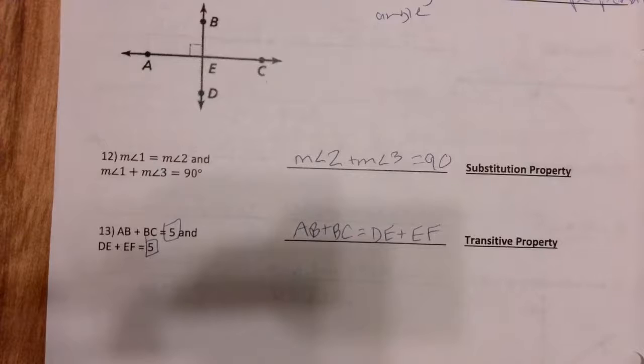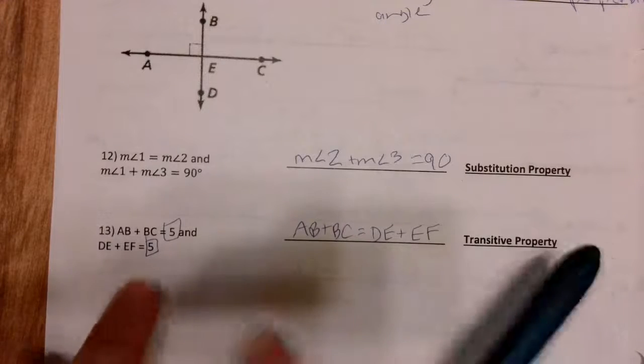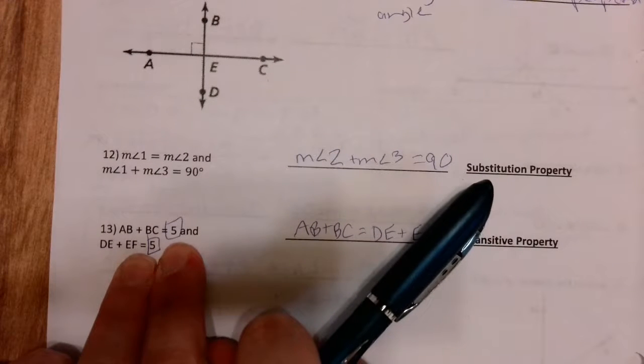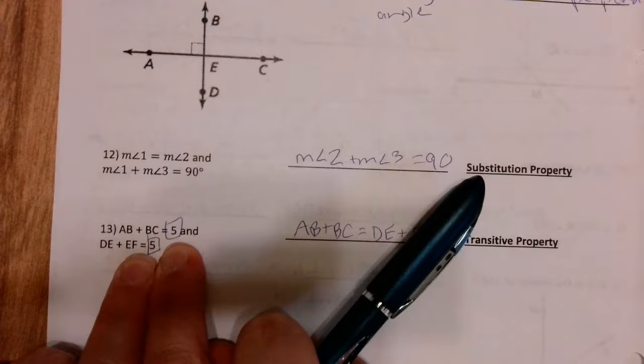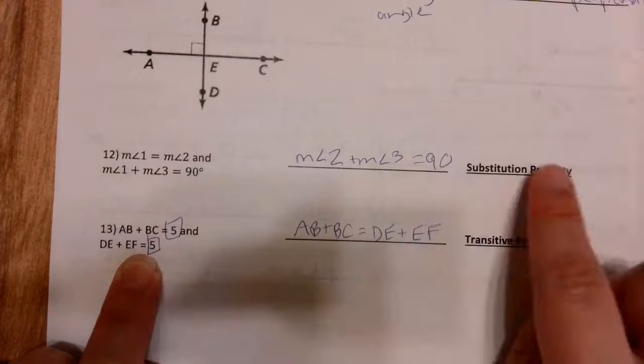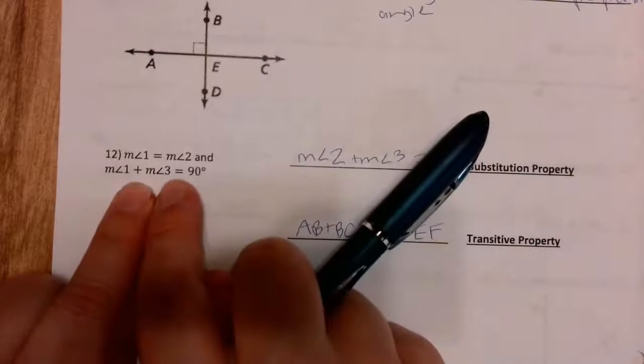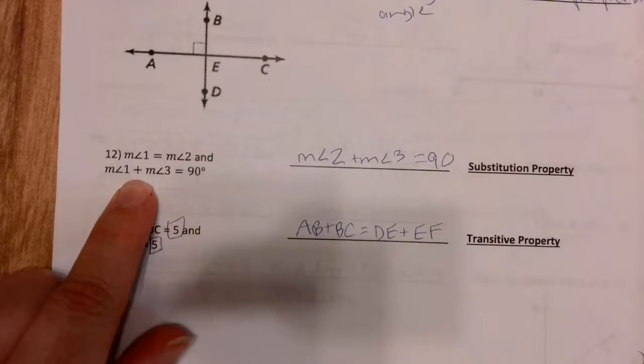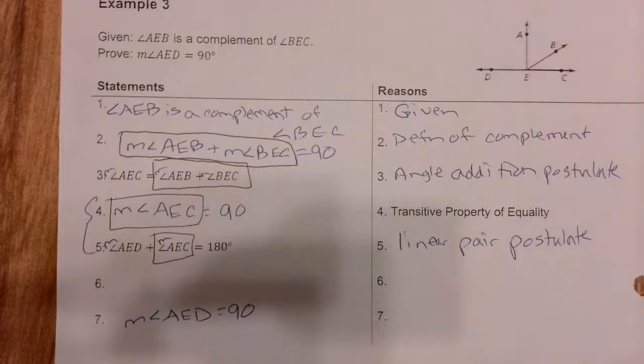The transitive property is when they're both equal to the same thing, and you get rid of that middle thing. The substitution property is when you're changing something in the middle of the equation. So here, if we change this measure of angle AEC to a 90, it's in the middle of the equation.